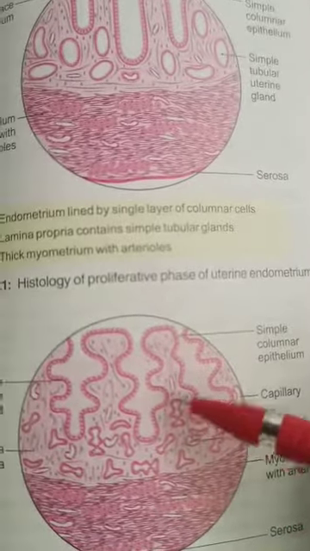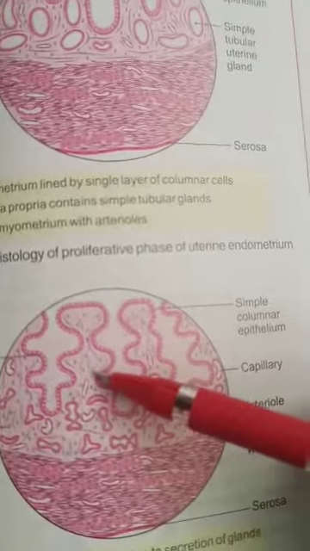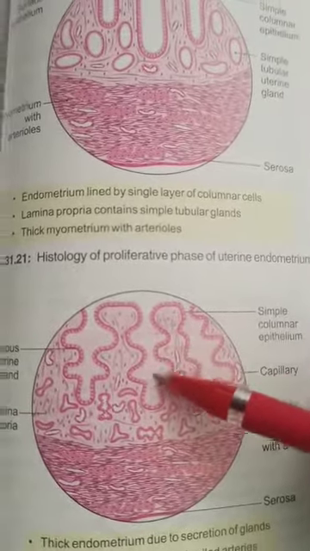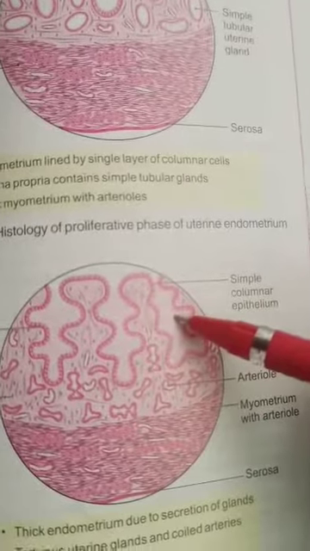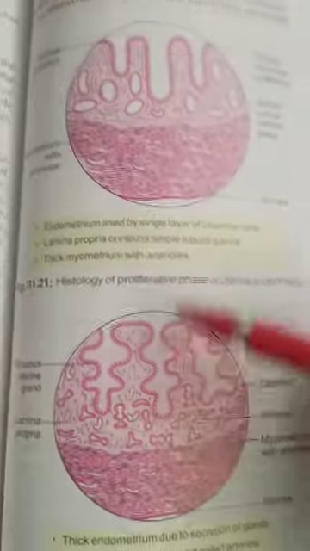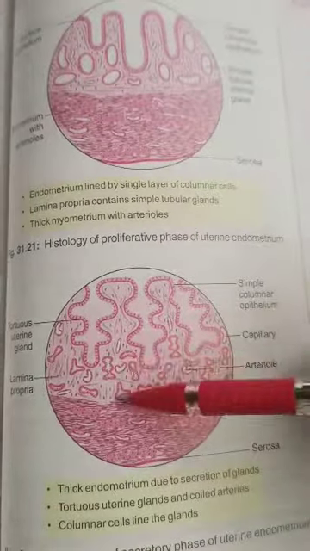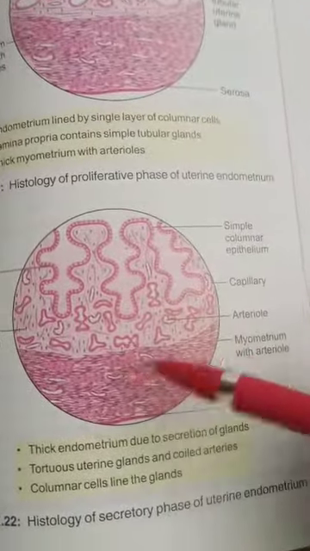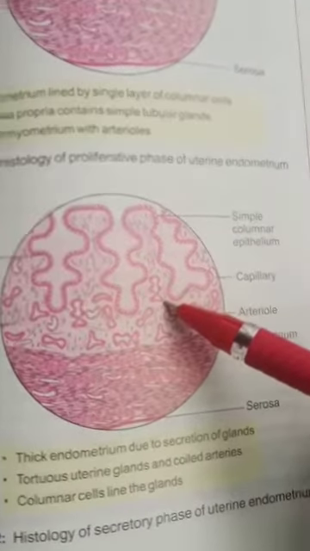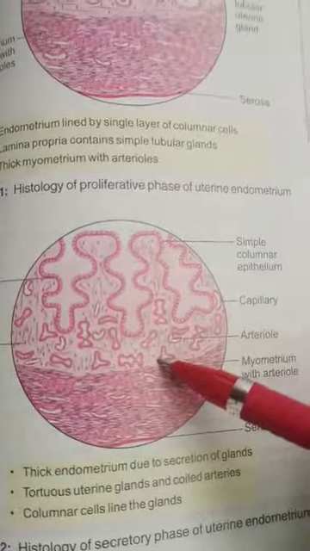In the progestational phase the glands become sacculated and tortuous, and are filled with fluid and thick secretions. The endometrium becomes thick compared to here. The thickness of the endometrium increases, and the blood vessels become tortuous. This is the second stage.